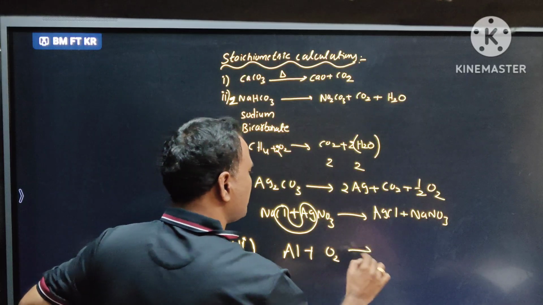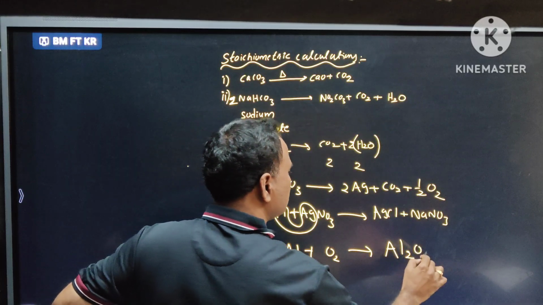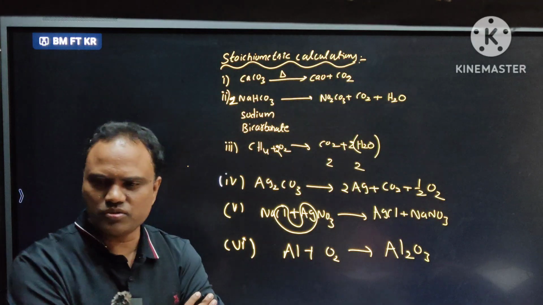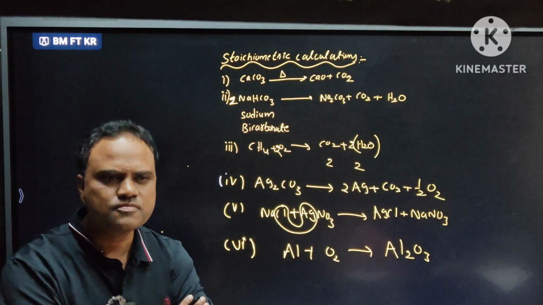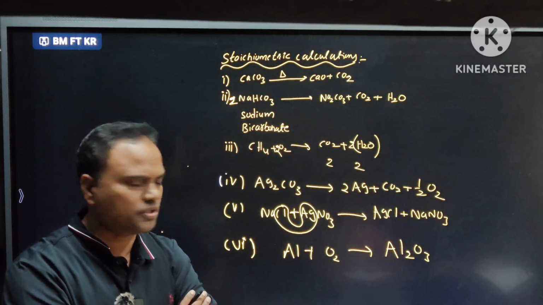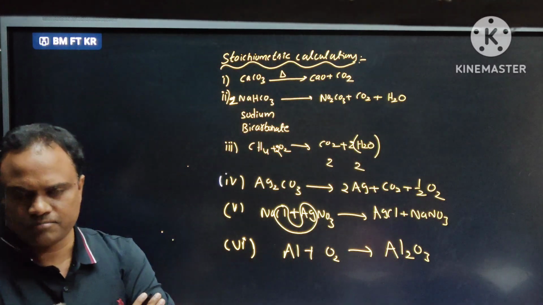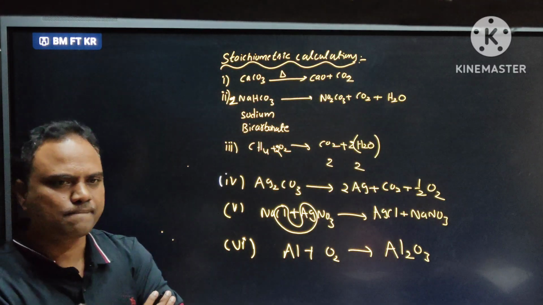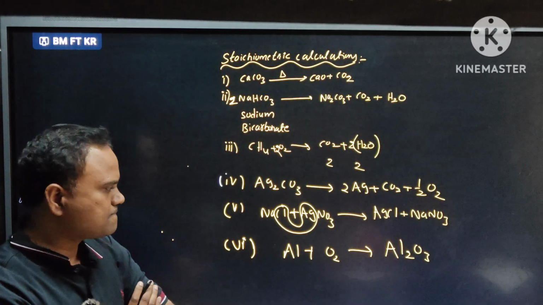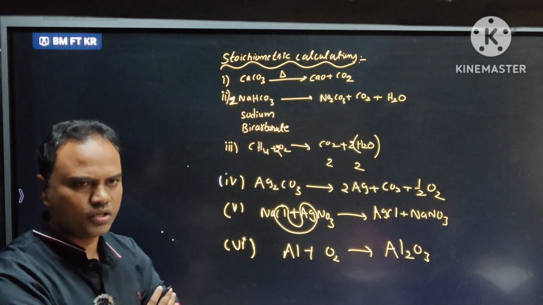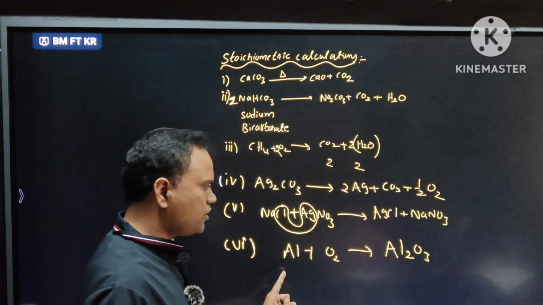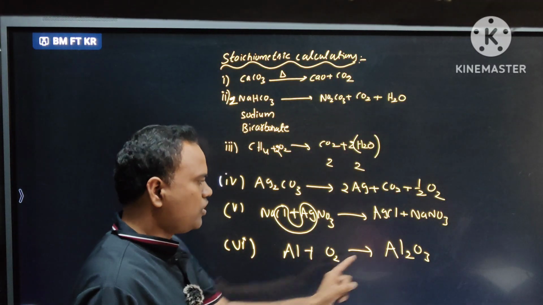Aluminium plus oxygen, I am writing here Al2O3. Can you say the complete stoichiometric equation? Aluminium plus O2 gives rise to product Al2O3. Balance that. 4Al plus 3O2. See, this side 2 aluminiums are there, here 1 aluminium; 2 oxygens, 3 oxygens.